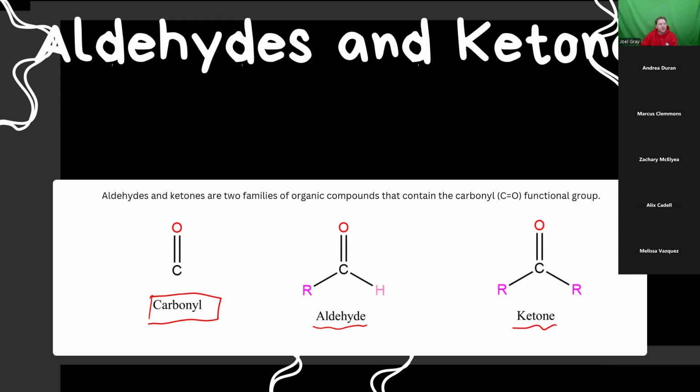These are two families of organic compounds that contain a carbonyl functional group. Now, I've got my poll question that I'm going to pop up right now. The oxygen in an aldehyde and a ketone have the same number of lone pairs of electrons. Dissect those and look at what those two molecules look like.